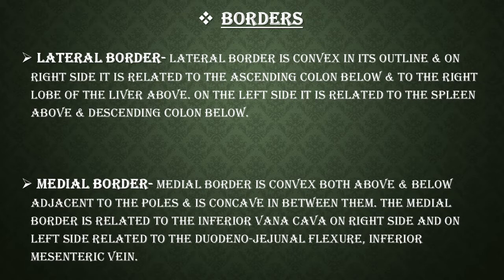It presents a slit-like cleft in its middle third known as the hilum, which gives passage to the renal vessels, nerves, lymphatics, and the pelvis of the ureter, and is bounded by anterior and posterior lips.